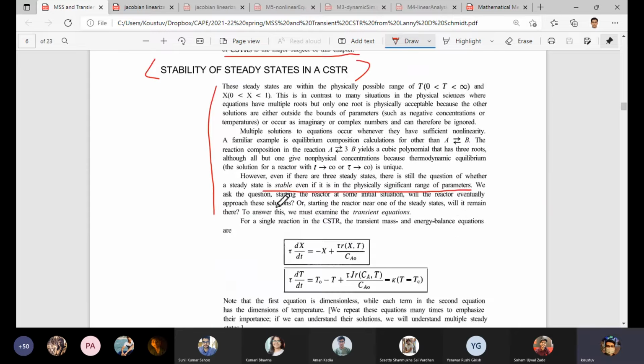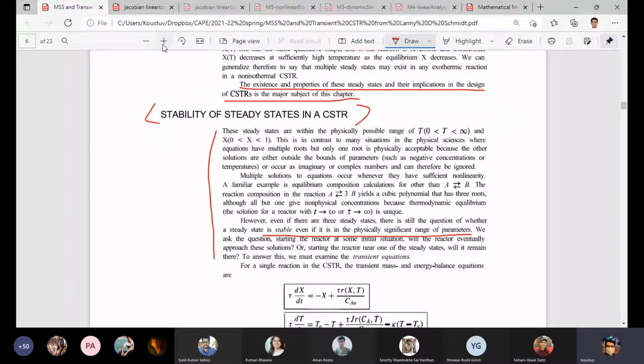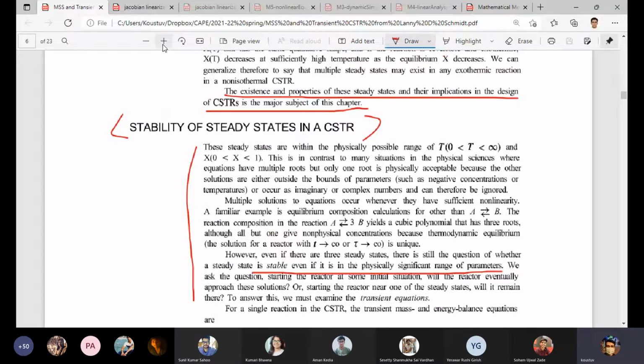Okay, so what we are saying is that we got the values in the physically possible range. What do I mean by physically possible range? It's basically that the temperature lies between 0 and infinity, so we are getting acceptable temperature data, and the conversion is also between 0 and 1. This comes after solving these two simultaneous equations to get the steady state.